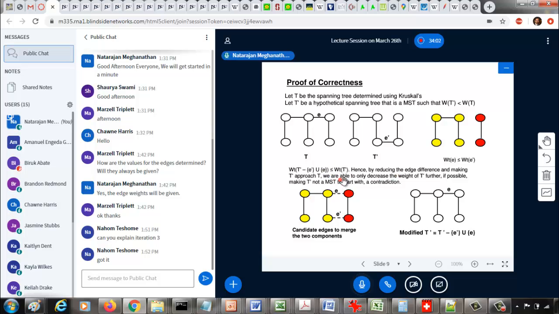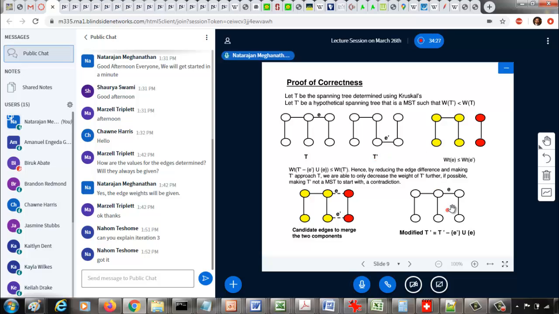So that means what? T prime cannot be called a minimum spanning tree to begin with, because it is possible to even reduce the weight of T prime from what it was to begin with, right? So that's a contradiction. If T prime was a minimum spanning tree to begin with, we should not have been able to reduce its weight further.